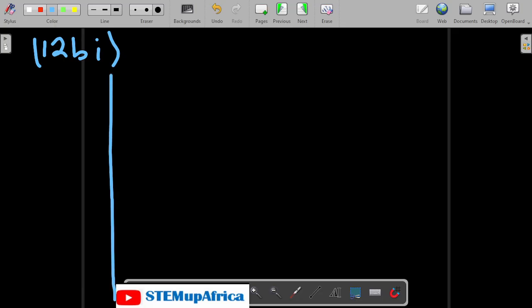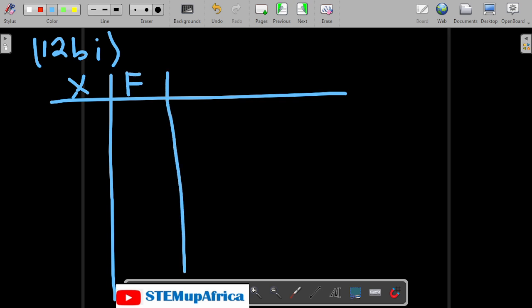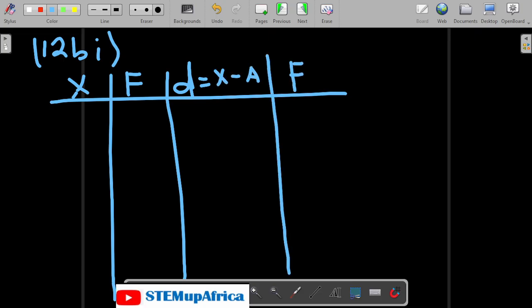So let's do that. For 12B, Roman figure 1, I will now draw a table for X, a column for frequency, and a column for deviation, which is X minus our assumed mean. We also have a column for the frequency times deviation, FD.